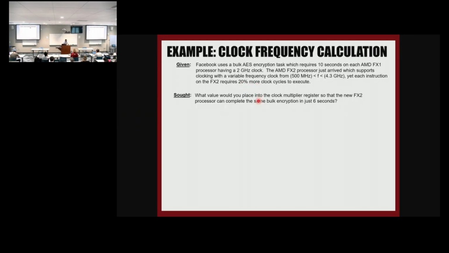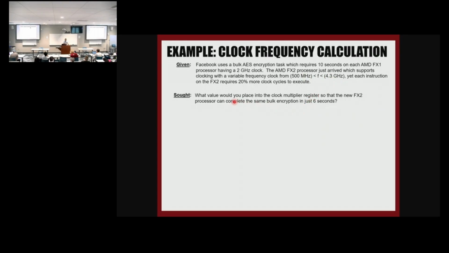So what does it mean? It means that the instruction set architecture is different. It's a different processor. It has a different instruction set architecture. So it needs 20% more instructions to finish the same exact task. But the frequency can be adjusted between 500 megahertz and 4.3 gigahertz.